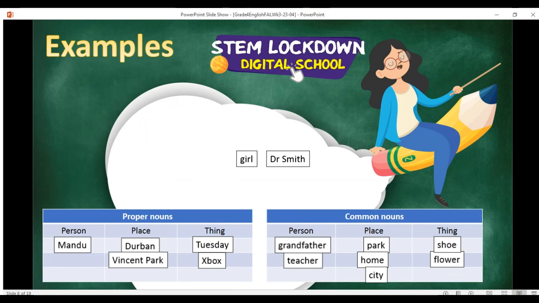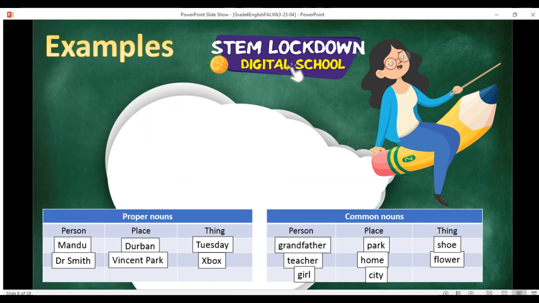It's just a person. So it's a common noun. And then my last word, Dr. Smith. So now this is a name of a person, or a name of a doctor, should I say. So this would go into my proper nouns person column.